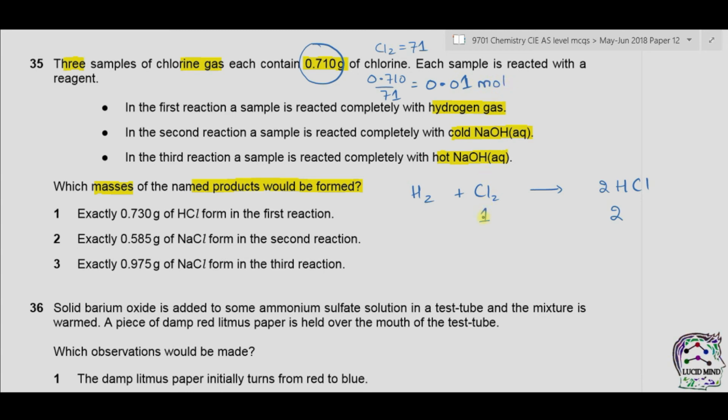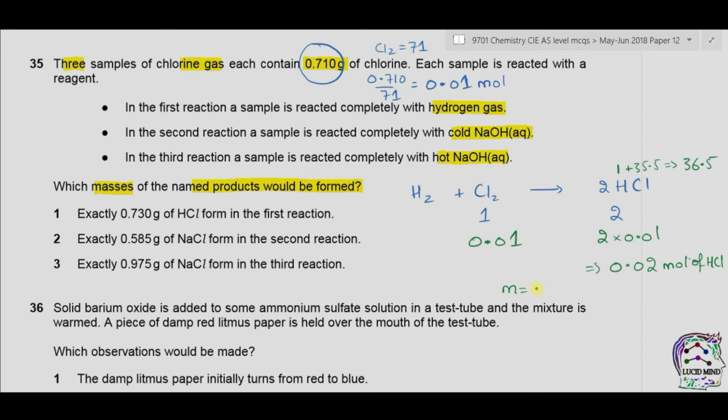Now if 1 mole of chlorine forms 2 moles of product, then 0.01 mole of chlorine will form double amount of product. So it will be 0.02 moles of HCl. Let's convert this number of moles into mass. The molecular mass of HCl is 1 for hydrogen, 35.5 for chlorine. So overall we have 36.5.